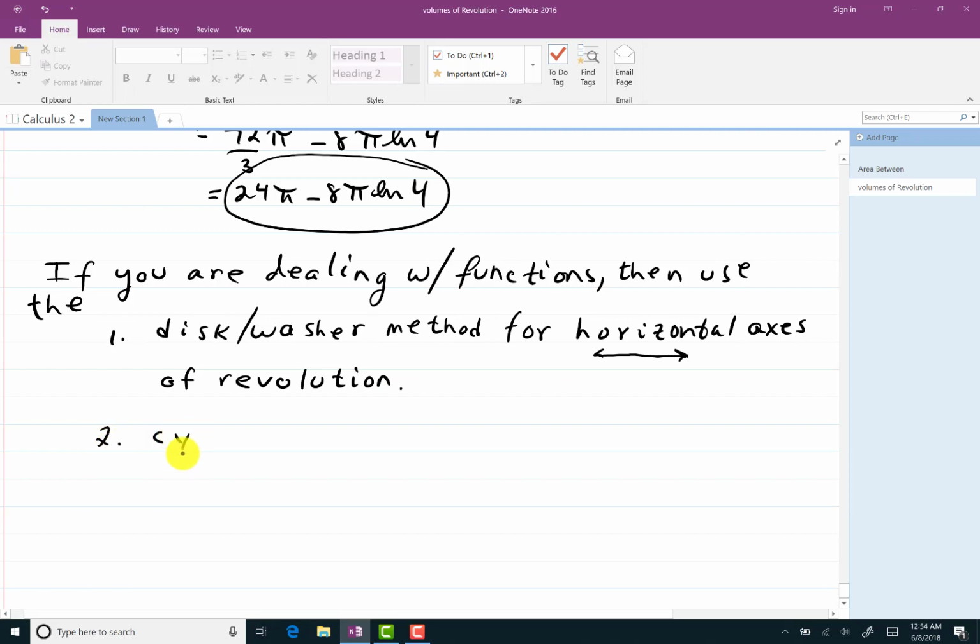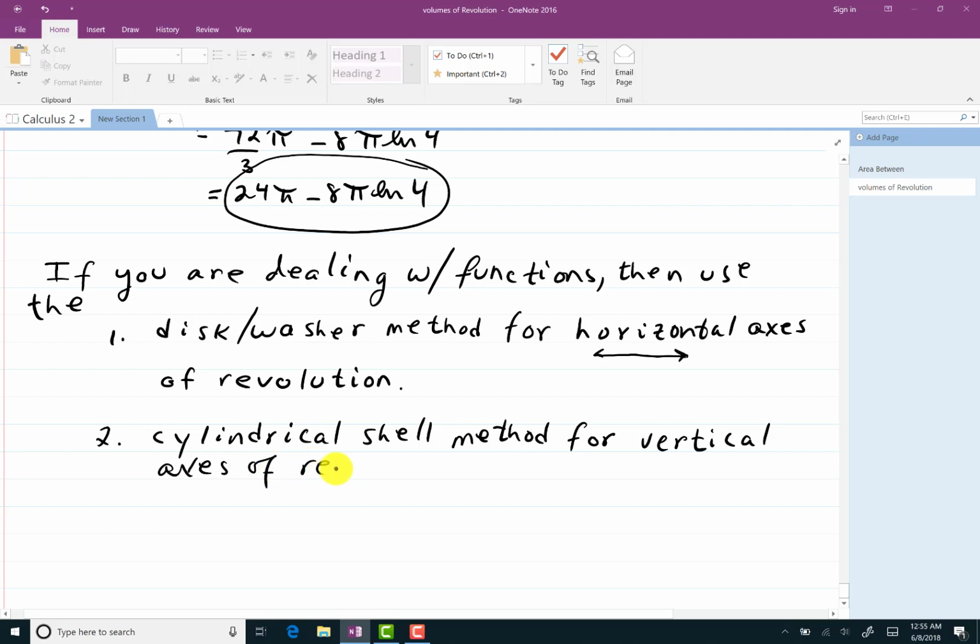Cylindrical shells for vertical axes of revolution. So that way you have a visual in case you come back to it later on. Horizontal goes side to side, vertical goes up and down.